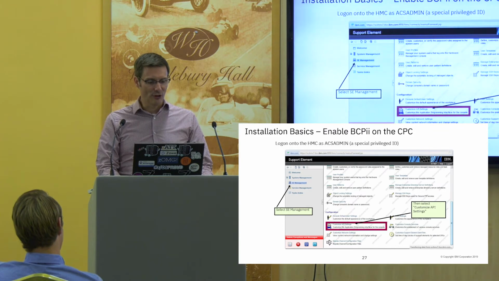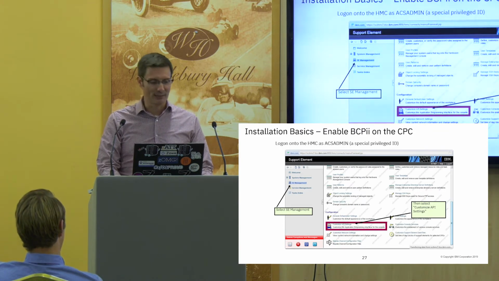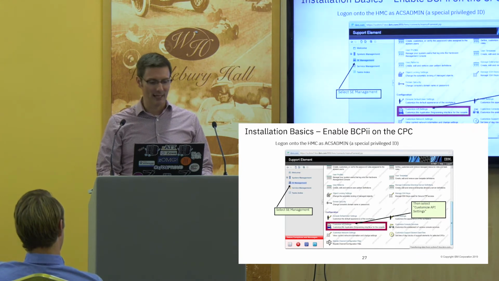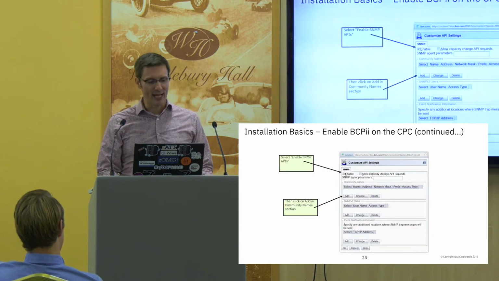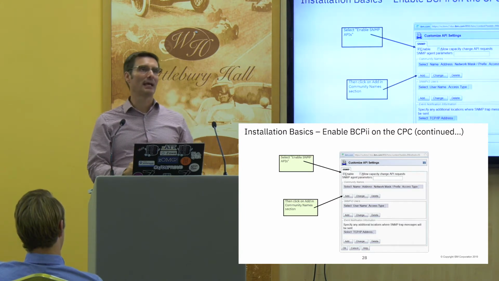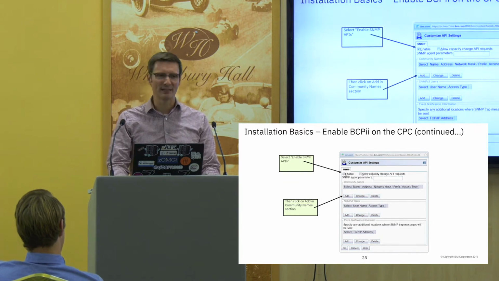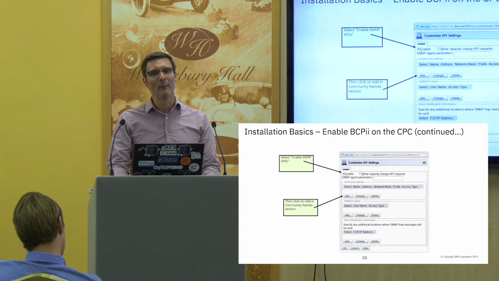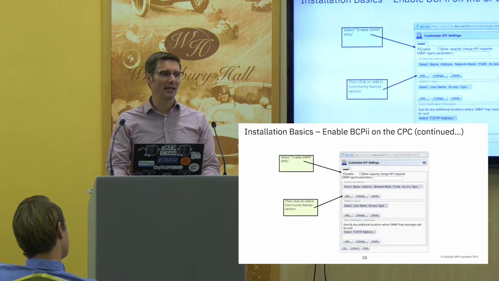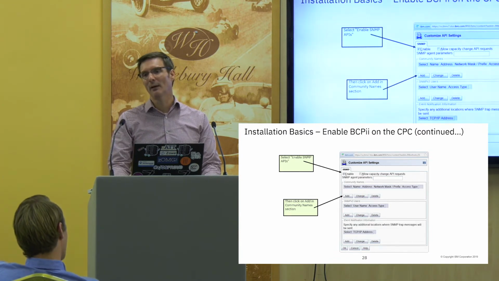Once you do that, you're going to go into SE management on the left-hand side, and then select Customize API Settings. When you do that, you get a nice screen which says, I want to enable SNMP APIs. That doesn't sound intrinsically obvious as being BCPii, but BCPii actually transforms the request that you make into standard SNMP protocol.